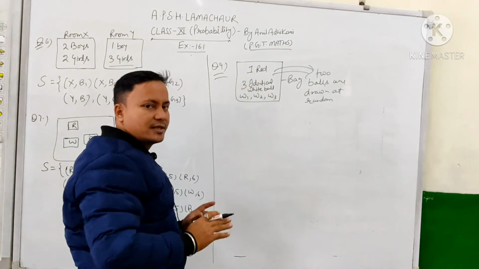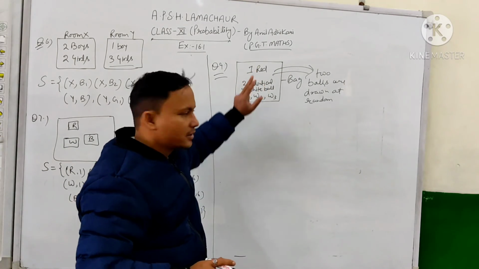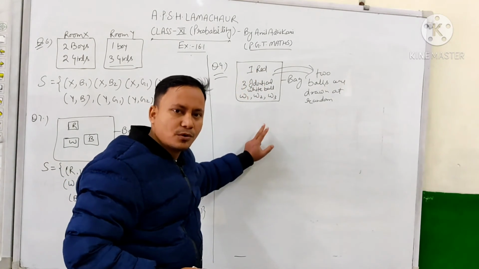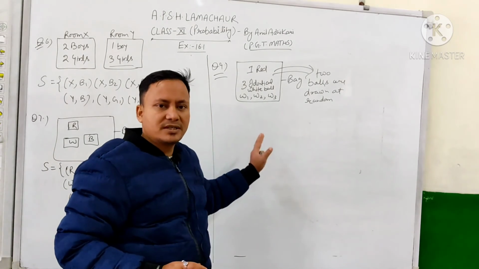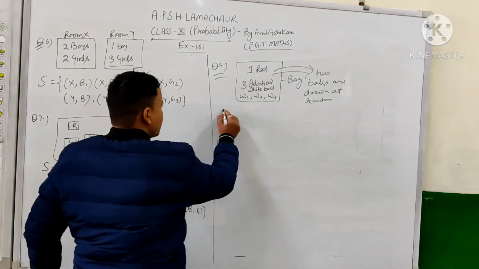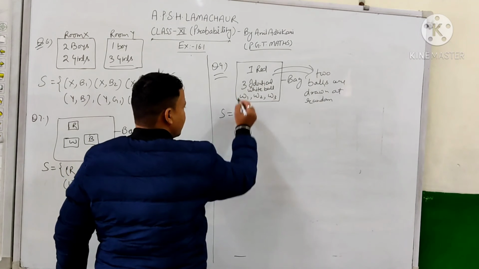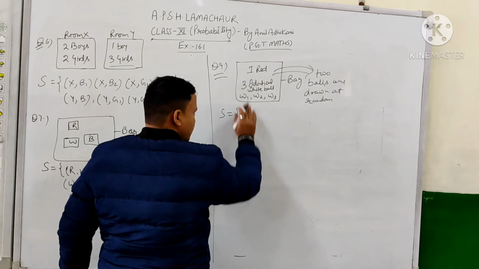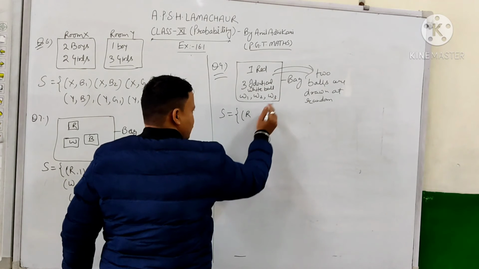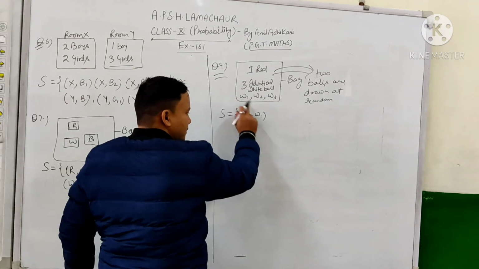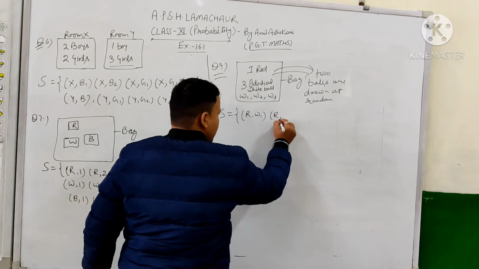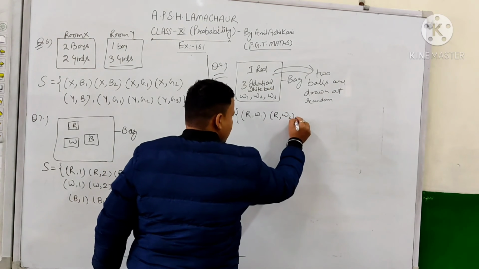Out of these given 3 white and 1 red ball, out of these 4 balls, we are drawing only 2 balls. So what are the possibilities for this experiment? Let the sample space be: first you start with the red ball. The first ball drawn is red, then you draw a white ball, which is W1. Similarly, first is red, second is W2.